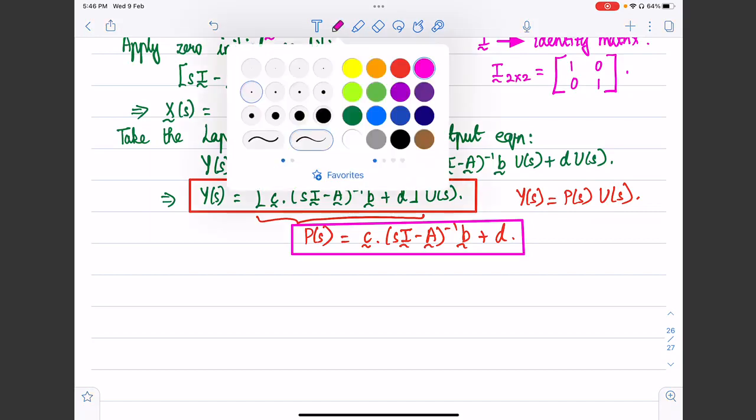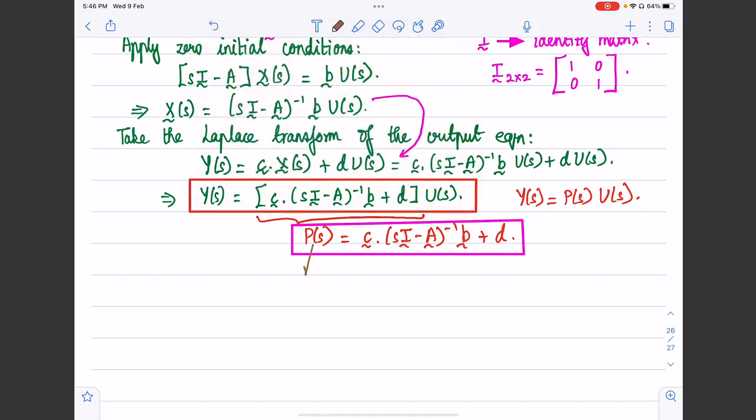Now, if you recall, the plant transfer function was N of s divided by D of s. What are the roots of D of s called? Poles, right? Very good.